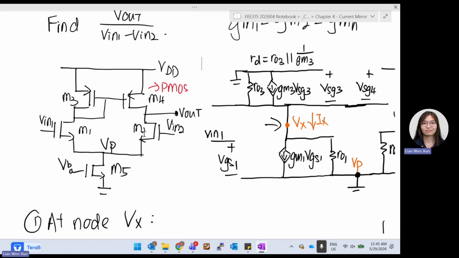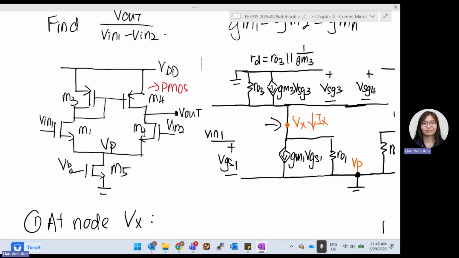Meaning that there will be a current flowing down. What will be this current? You can see this whole thing just as a resistor that connects to ground. This is RD. So this way, we totally ignore the left-hand part already, and this circuit becomes slightly simpler.